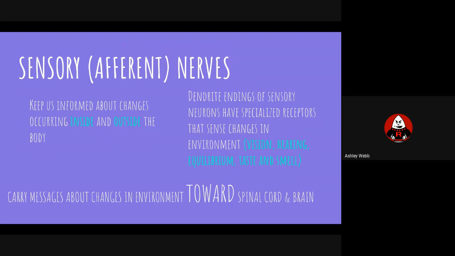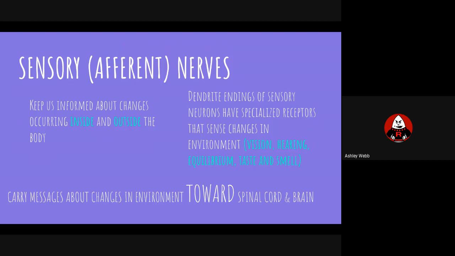When we're talking about functional classification, again, we look at sensory or afferent nerves versus motor or efferent nerves. Those sensory nerves keep us informed about things that are changing within the body and outside of the body.